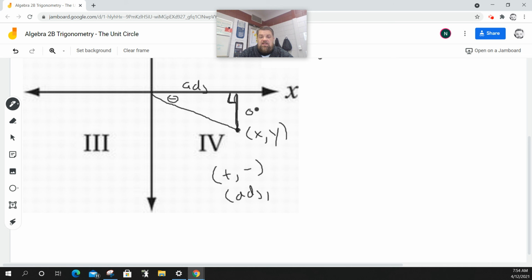So the y is technically the opposite. And then the hypotenuse is always positive. All right, so let's write that down too. The hypotenuse is always positive.